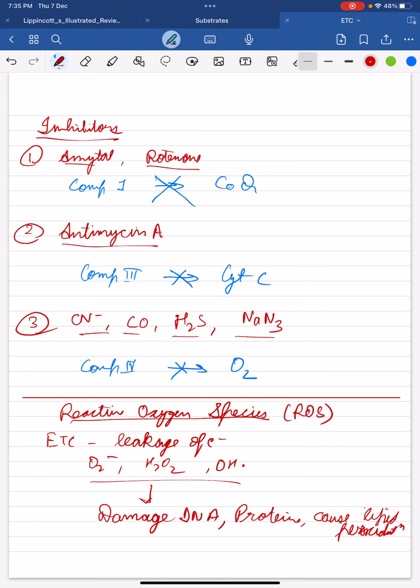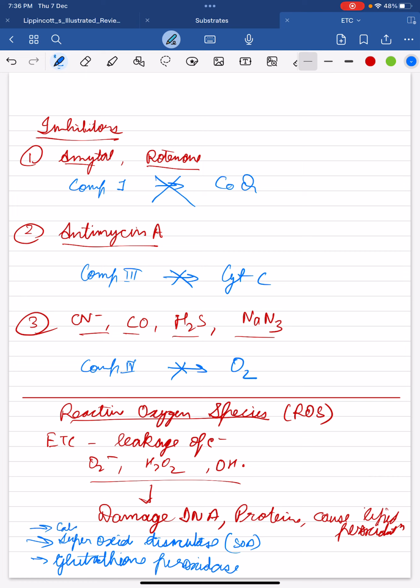So this is not something we would want, right? So what is done here, there are some enzymes like superoxide dismutase, the short form is SOD, and another enzyme like glutathione peroxidase, and another enzyme known as catalase.